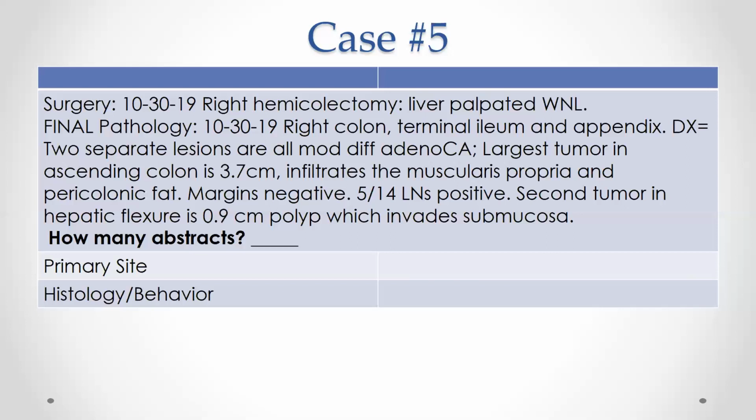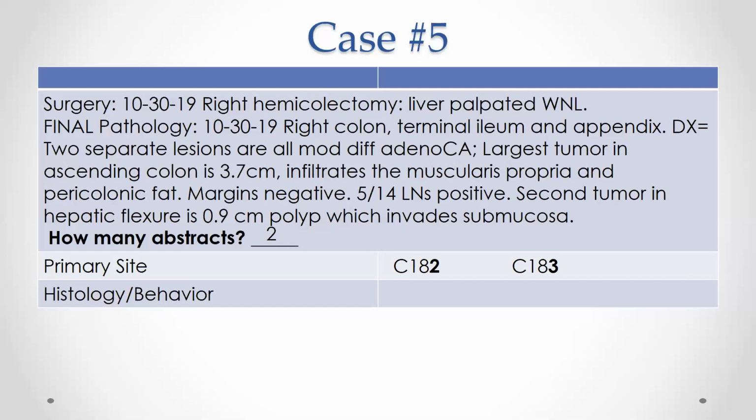Both tumors are the same histology, but they are in different sub-segments. So we could have gone back and penciled in ascending colon would be the C18.2, hepatic flexure would be C18.3. So we know that fourth digit is going to be different. If none of the other rules pull us out, we get to M9 and this will be 2 abstracts.